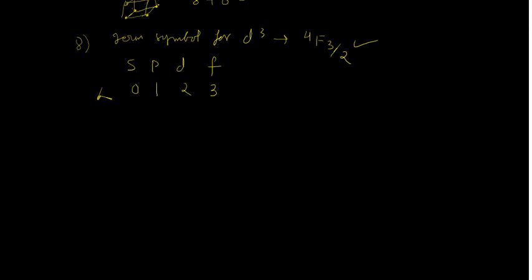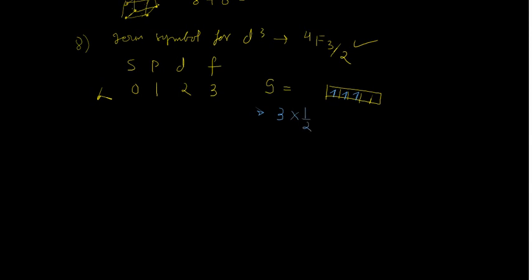And for spin, if you have this system, I can fill electron number 1, electron number 2, electron number 3, all having the same spin, 3 multiplied by 1 by 2, that is 3 by 2. Okay, this is how you can write.